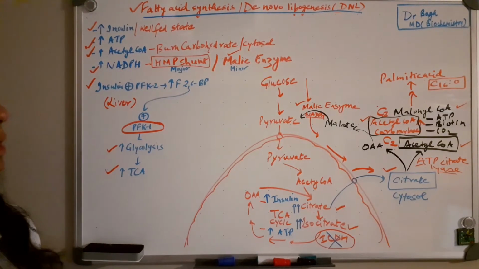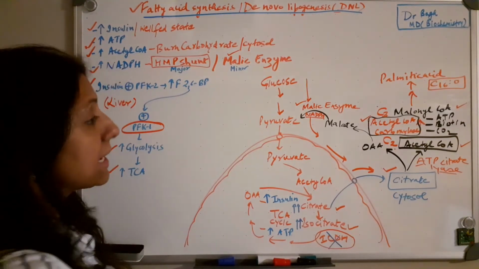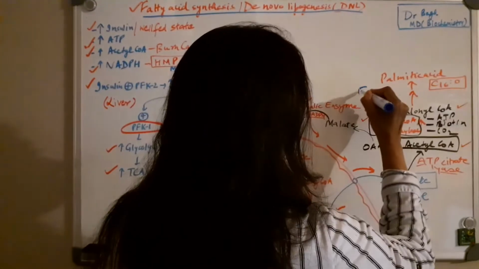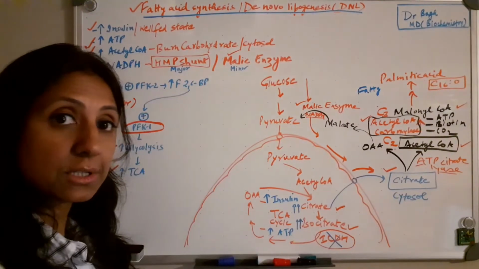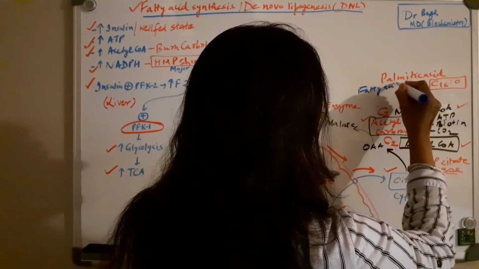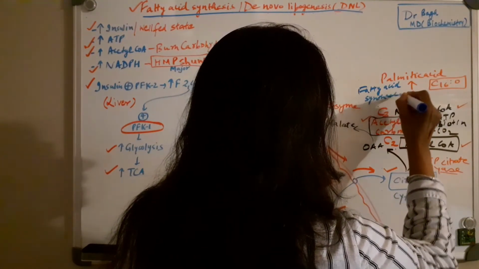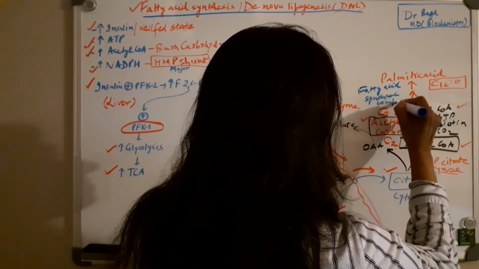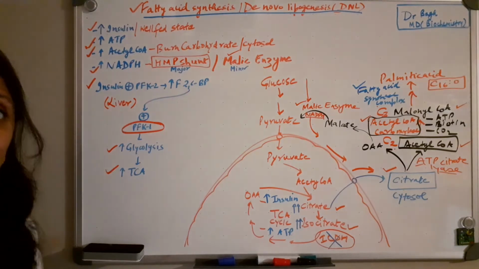And how do you achieve that? With the help of the enzyme known as fatty acid synthase complex. Is it the third enzyme for this pathway, the third lipogenic enzyme? Yes, that is known as fatty acid synthase complex. When I say complex, please know that this enzyme is not a single enzyme, it's a complex of enzymes.